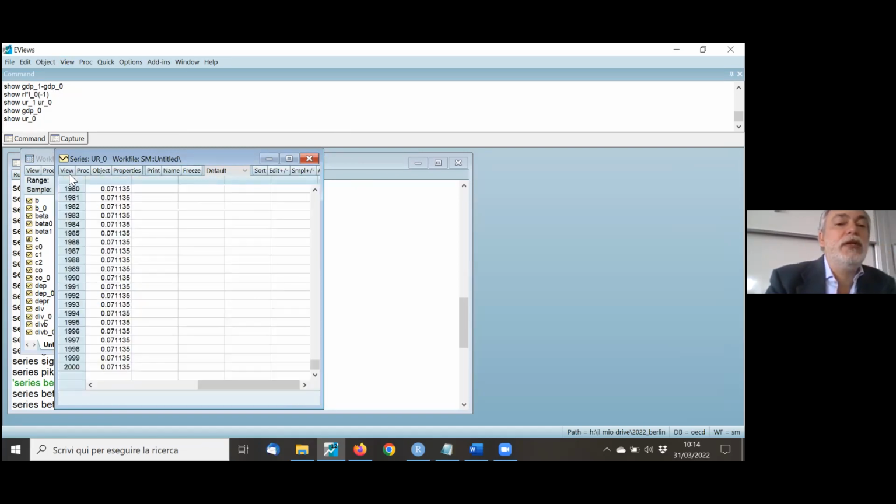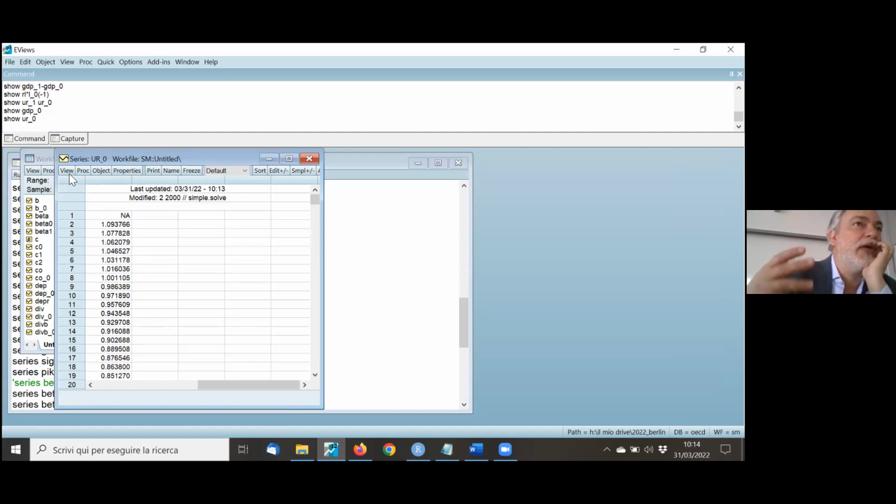It does not work. This is converging to a 7% utilization rate. So we have chosen the parameters in a somewhat arbitrary way to create values which are realistic. If they are not realistic, the parameters are not okay. If you use econometrics, then you're safe because it's the outcome of the estimate given the data.